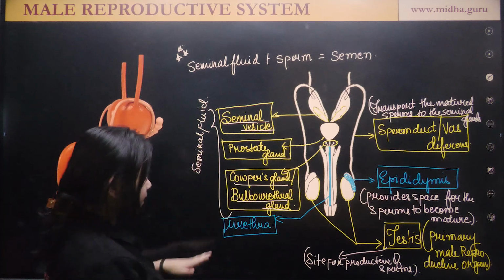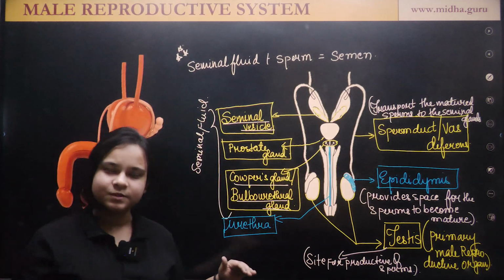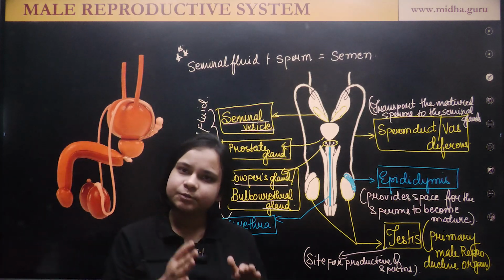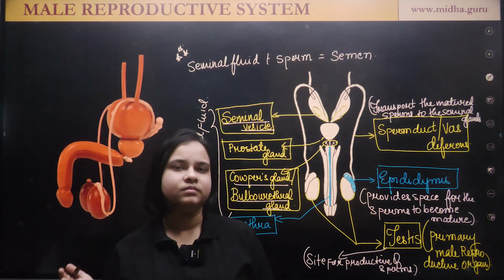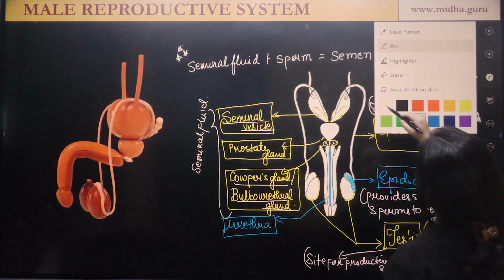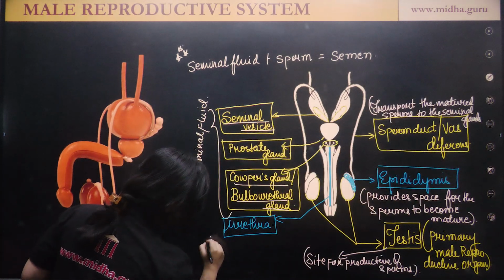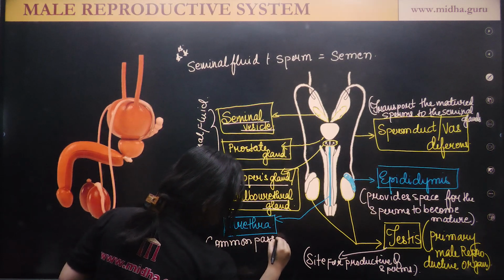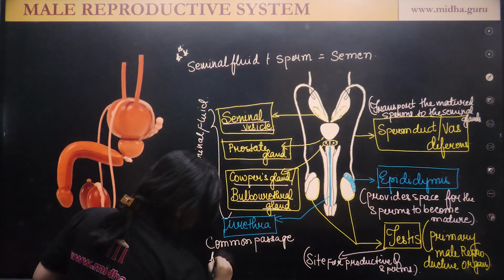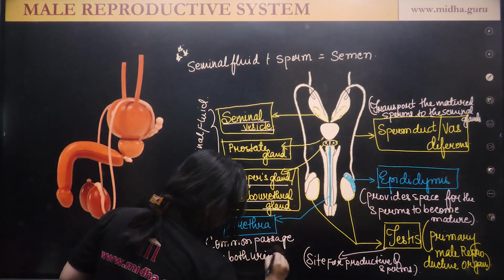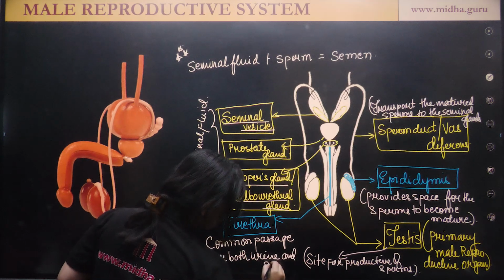This urethra is one of the most important passages because it is a common passage for both sperm and urine to pass. So the urethra is a common passage for both urine and sperm.